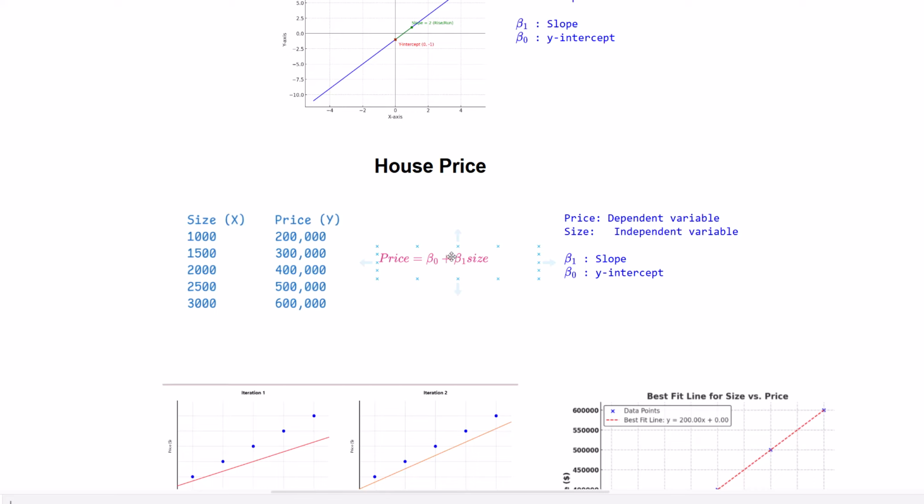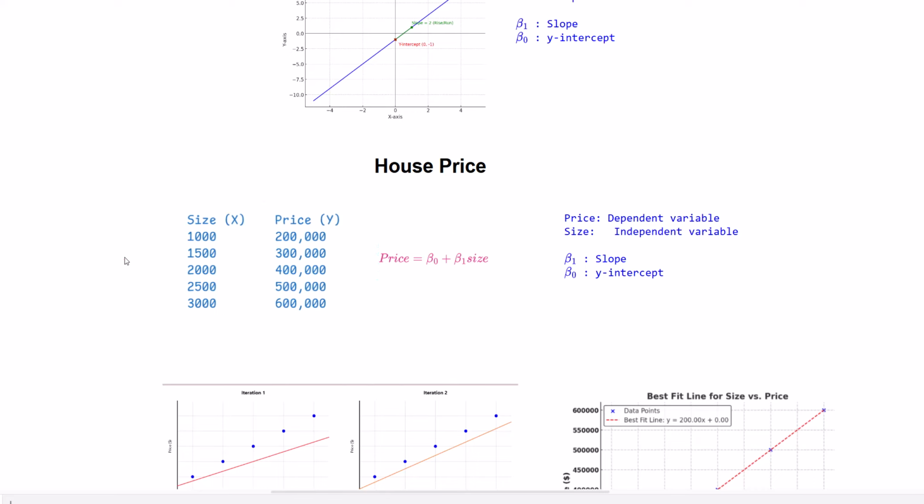Now I would like to find beta 0 and beta 1 that fit exactly to this data. And next time when I have, as I said, a new sample, or let's say a new house, and I know the size of this house, I will try to predict the price.